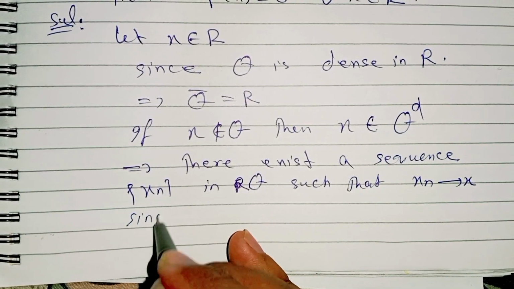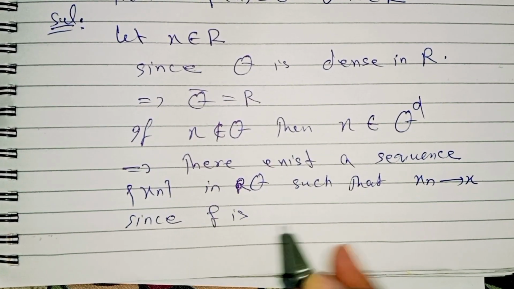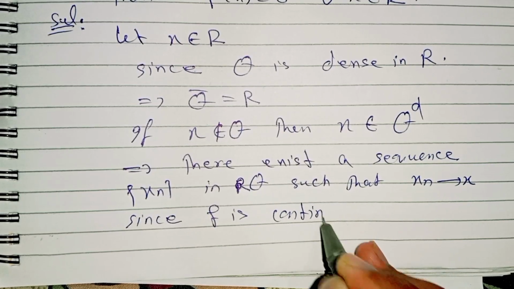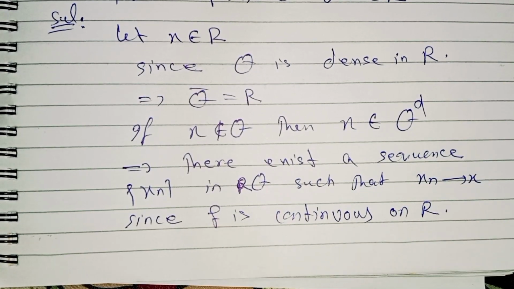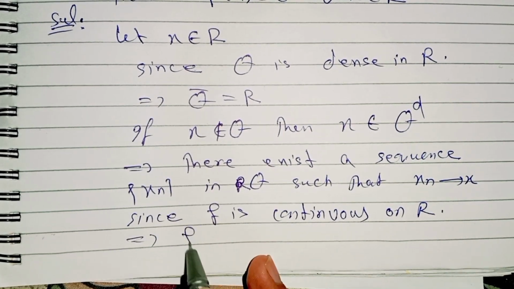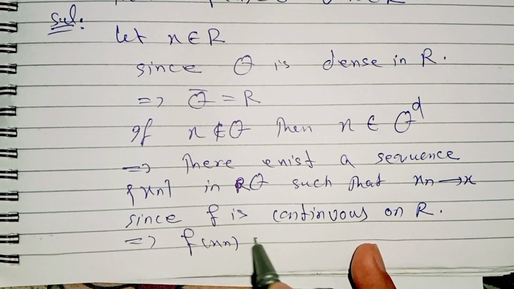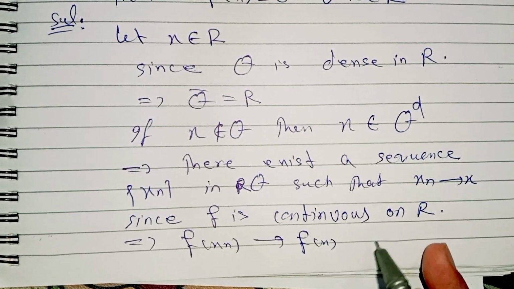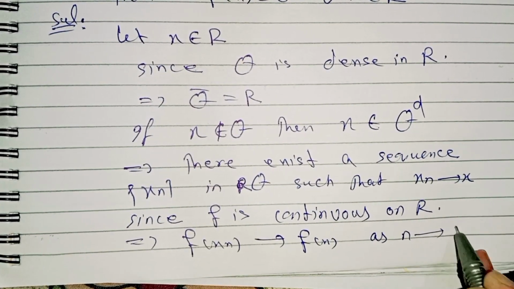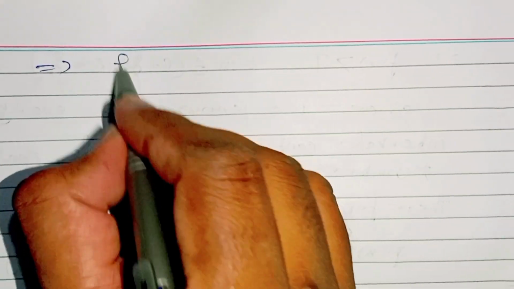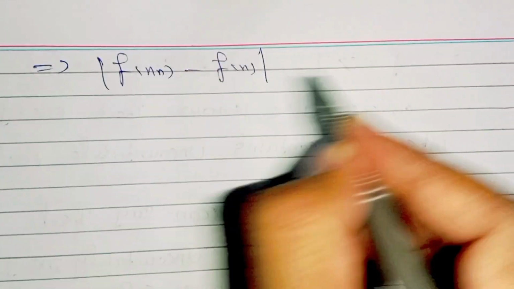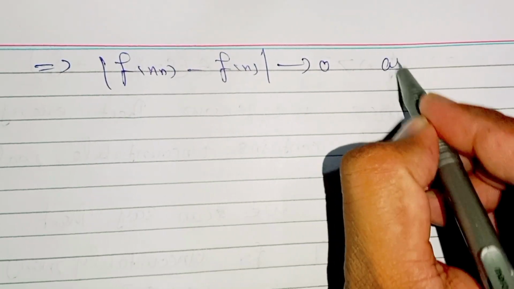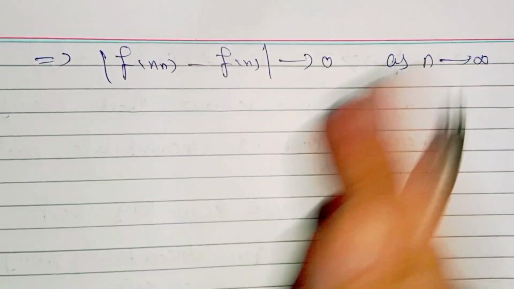Since f is continuous on R, this implies that f(x_n) approaches f(x) as n approaches infinity. This implies that |f(x_n) - f(x)| approaches 0 as n approaches infinity.